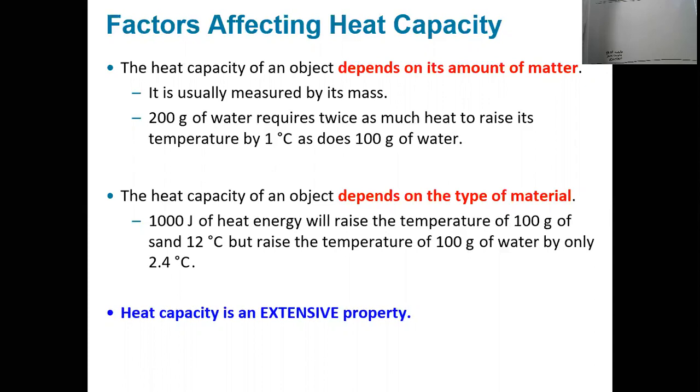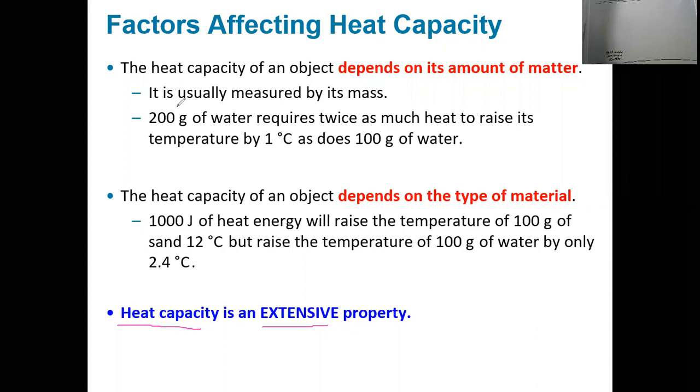Different materials are going to have different heat capacities because things are able to absorb heat to different extents, I think is a better phrasing there. But then when you're looking at a particular material, the amount of heat it's able to absorb is going to differ based on the mass of the object. Okay, anything that is mass dependent or amount dependent, remember that's called an extensive property. So heat capacity is an extensive property.